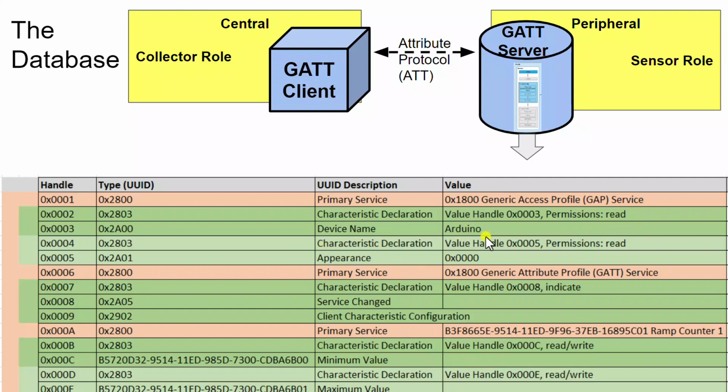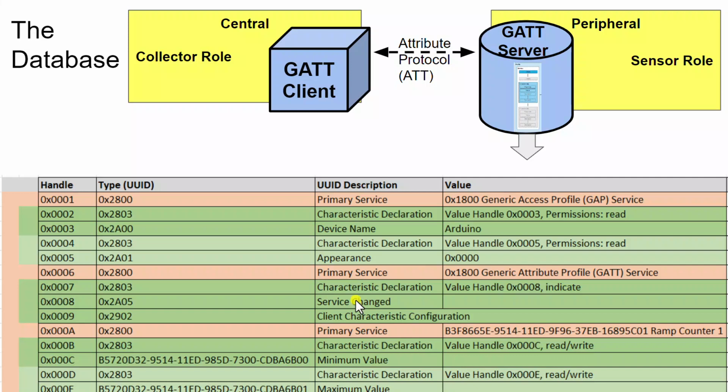And here, this is also a value handle for appearance, and these are standards with this profile, and so that appearance is default of 0. We go to our next service, which is the GATT, and we'll talk about these two in a little more detail in the next slide. But the characteristic declaration is 08, the first characteristic in this service, so that's the service changed, and that's another standard.